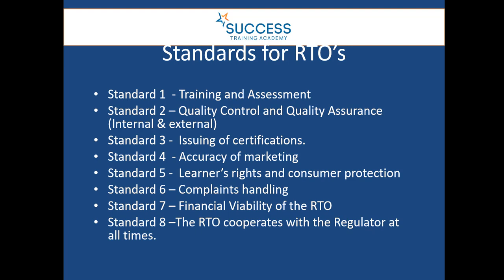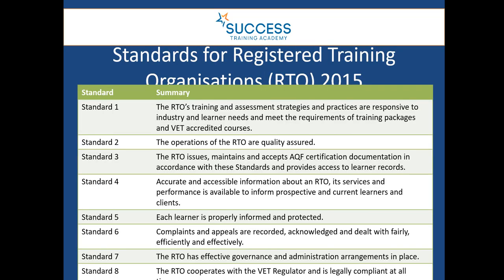Does it have enough money in the bank if people require refunds? In order to start an RTO, you need to show a good financial track record. Standard 8: the RTO cooperates with the regulator and is legally compliant at all times. There are certainly a number of subsection items to every one of these standards.